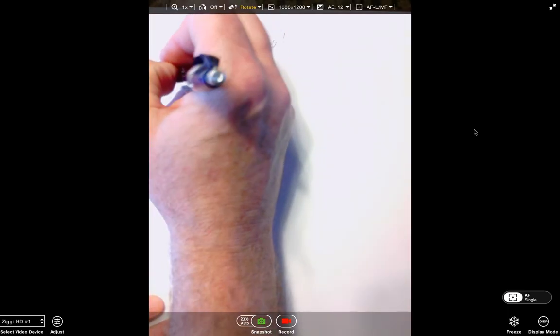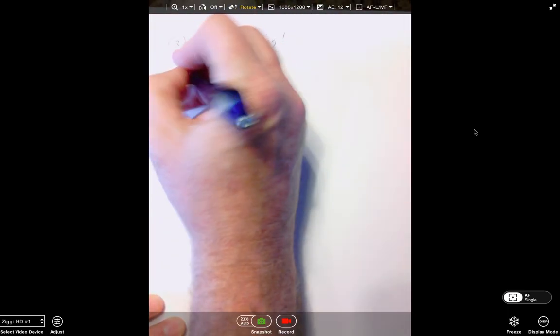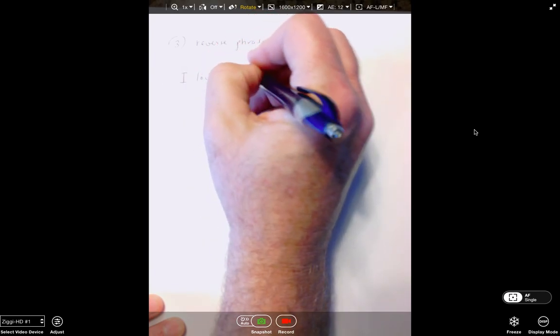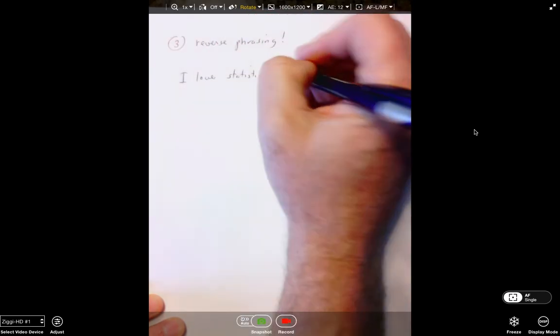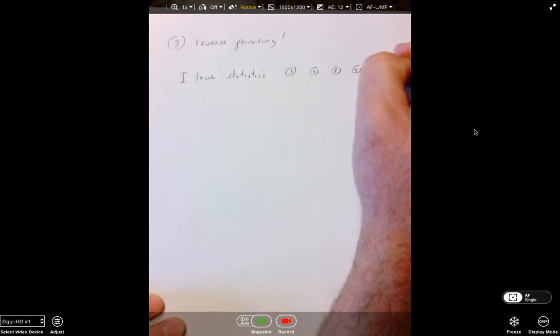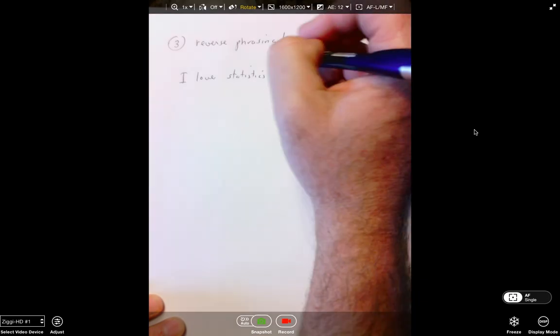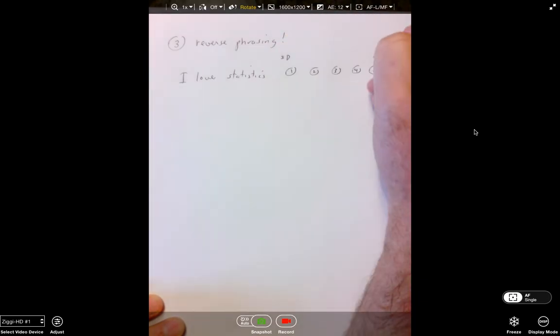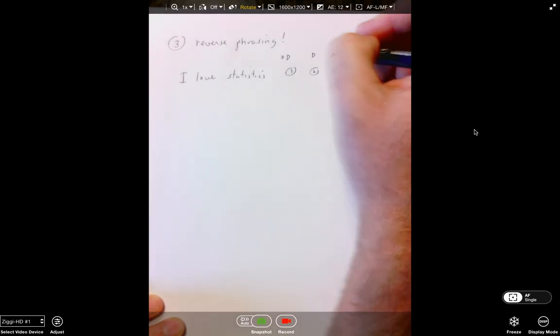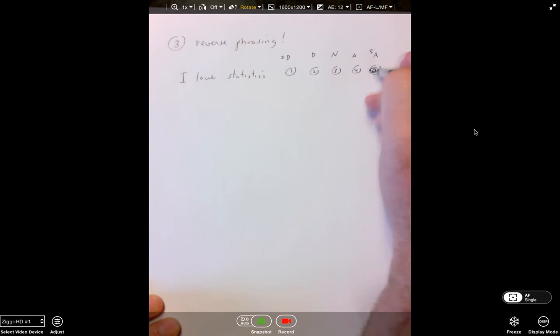For example, what if we have a question that says, I love statistics, and we are on a 1, 2, 3, 4, 5 scale, where one is strongly disagree, and five is strongly agree, and we have neutral feelings in the middle. The person comes in and they absolutely love statistics and they pencil in a 5.